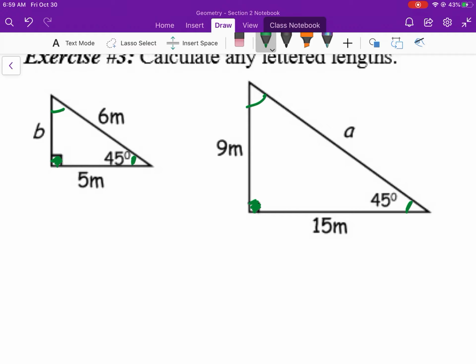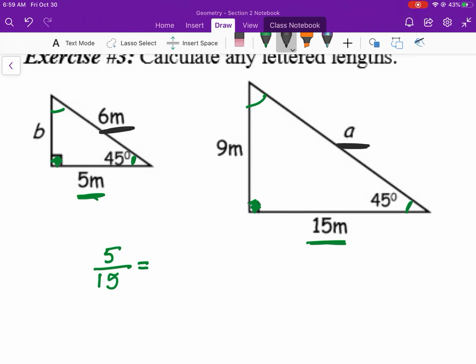Okay, I think these M's stand for meters. So the first thing that I notice is that I have a 5 meter and a 15 meter. So I'm going to put 5 meters over 15 meters, or just 5 over 15. Now let's say I want to find A first. Well, A matches with the 6 meters, right?